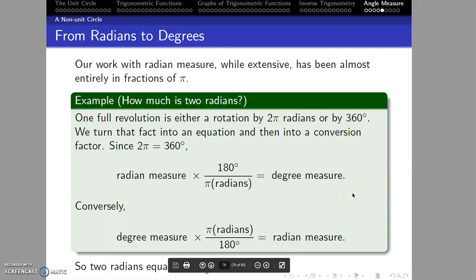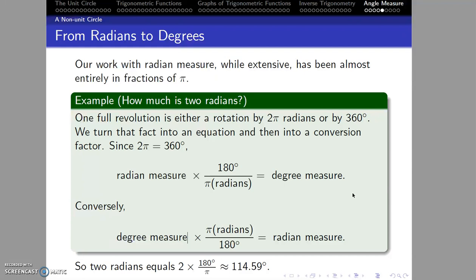So which is better to work with? Which is more intuitive? Well, that depends on the situation. If we're working in fractions of pi, then radian measure is ideal. If we're working elsewhere, then we might not want to do that. For instance, suppose I tried to work in 2 radians, not 2 pi radians, but just 2 radians. Where is that?